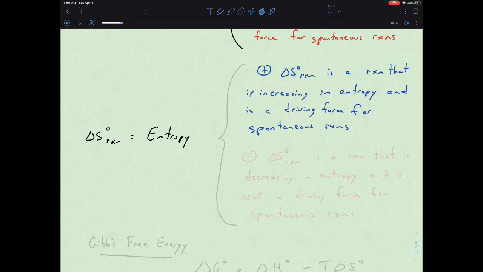Remember that with entropic ideas, we're always looking for more entropy, or an increase in entropy, for spontaneity. And so that's why the positive sign for delta S is attributed to that cause for a spontaneous reaction.